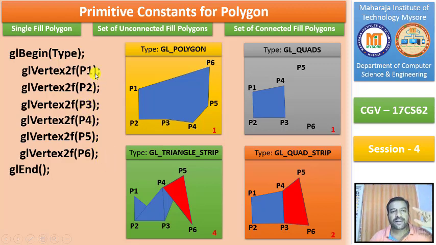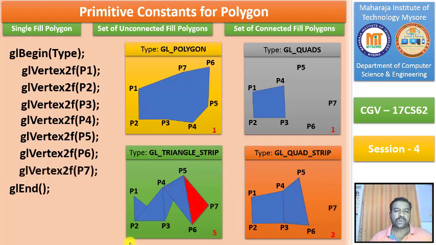Right now in this case, the previous quadrangle that was drawn was P1, P2, P3, P4. Now this becomes the previous set. So from the previous set take vertices 3 and 4, and I'm going to have 2 new vertices, 5 and 6. So using 3 4 5 6, I'm going to draw a new quadrangle.